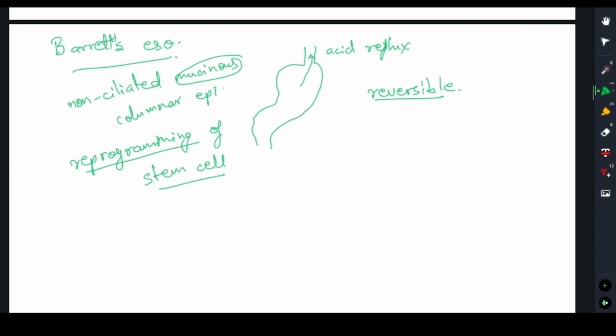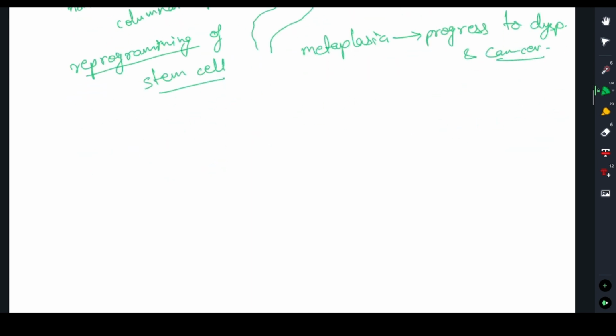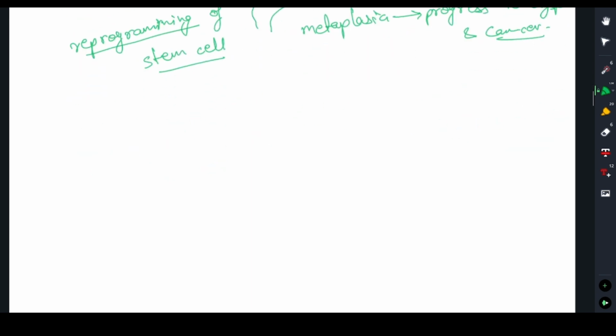So what we can conclude is that metaplasia can progress to dysplasia and cancer. For example, Barrett's esophagus can progress to adenocarcinoma of the lower esophagus.